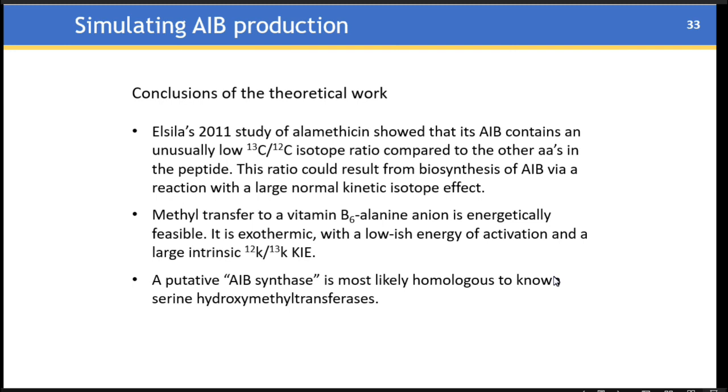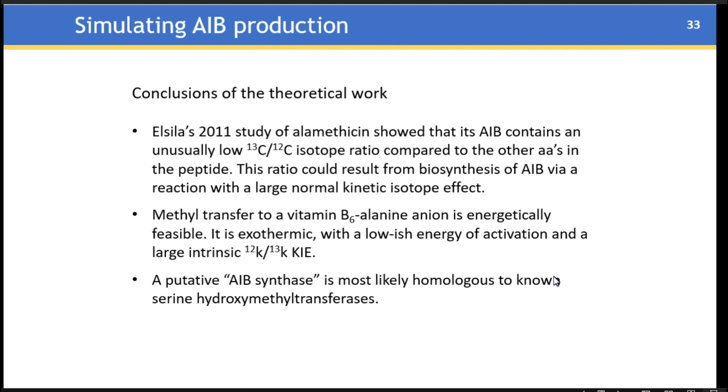So Asila's study of alamethicin showed that the AIB contains an unusually low 13 to 12 isotope ratio compared to the other amino acids. This ratio could result from a biosynthesis of AIB via a reaction with a large normal kinetic isotope effect. Using density functional theory, we showed a methyl transfer to the vitamin B6 alanine anion is energetically feasible.